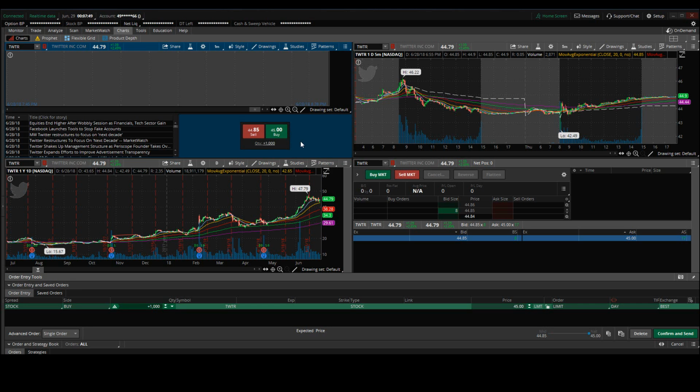You want to buy 1,000 shares for whatever price, and we'll just say right now $45. So as the price stays under $45, because you're saying that $45 is the max price that you'll pay per share. Well, right now it's going for $44.79.